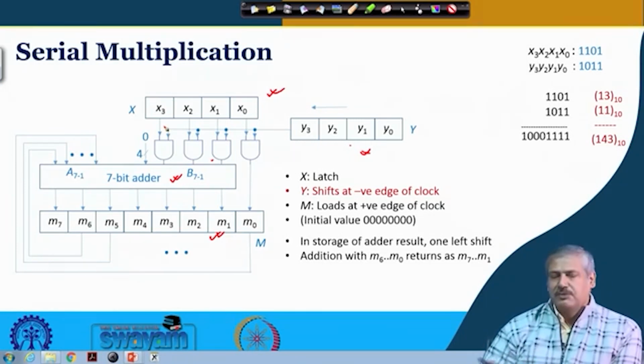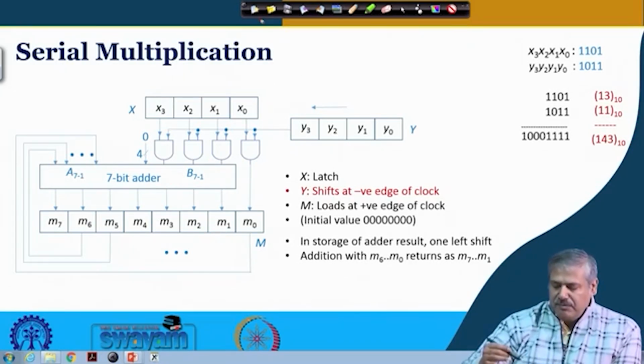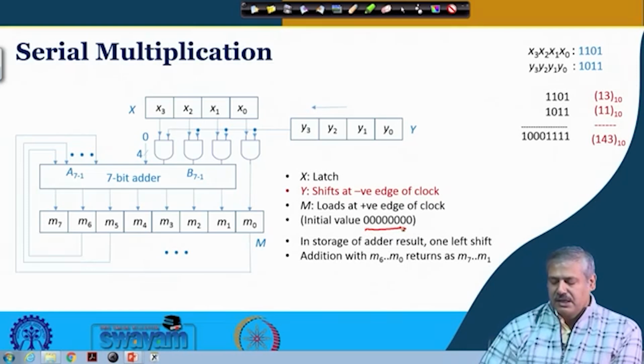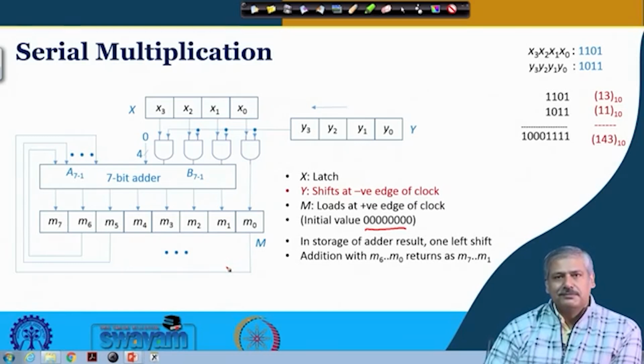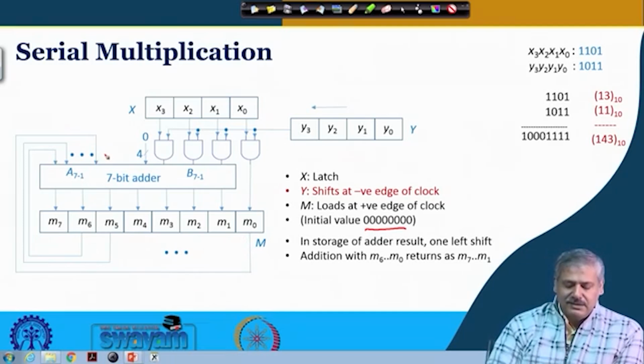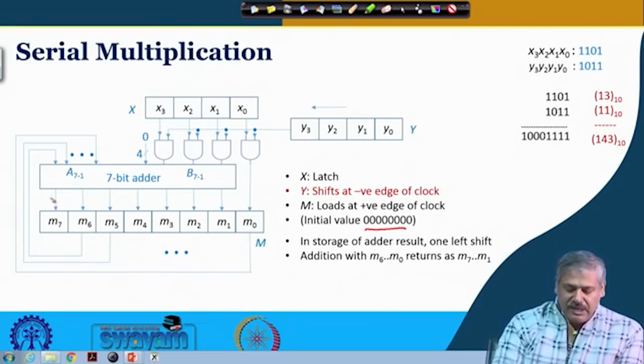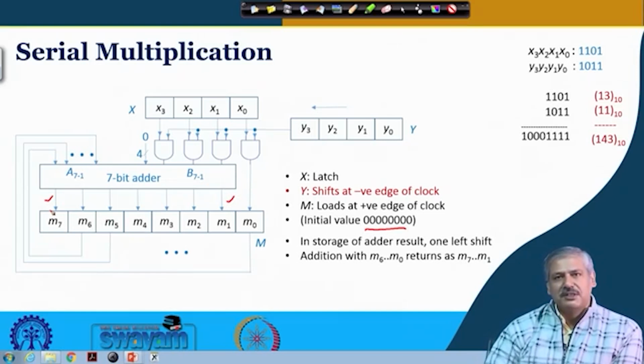We shall see one example, of course. The other important point to be noted here is that the M initially is loaded with 0, 0, 0, 0. The M0 to M6 values after addition are coming here as M1 to M7. Please note this part.